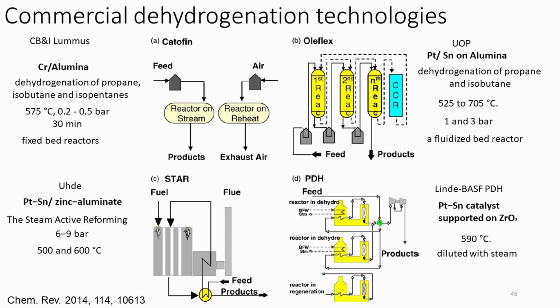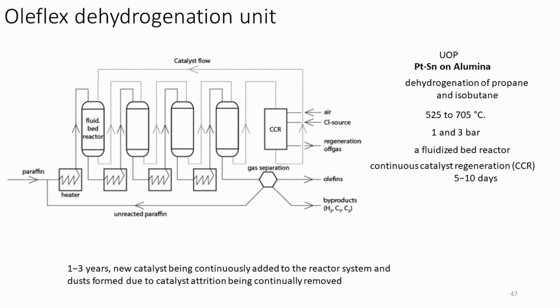The next process is the Oleflex process. The Oleflex process by UOP uses a very different reactor design comprising a moving bed reactor, a catalyst regeneration unit, and a product recovery section. A schematic representation is shown in a figure.